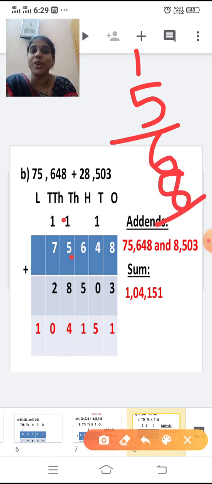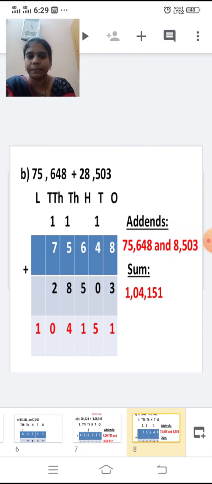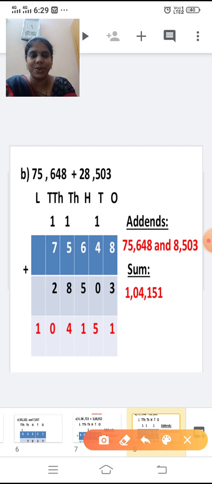So after 6 we are going to add 8 numbers. 7, 8, 9, 10, 11, 12, 13, 14. So 14, it's again a 2-digit number, right? So what you have to do? Write 4 here and this one is carried over to the next place, that means the 10,000s place, right?